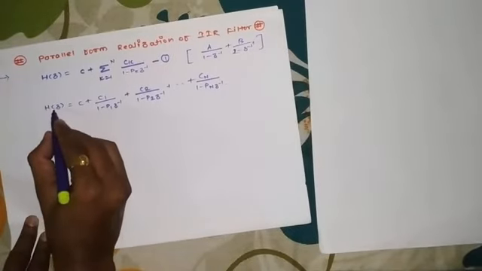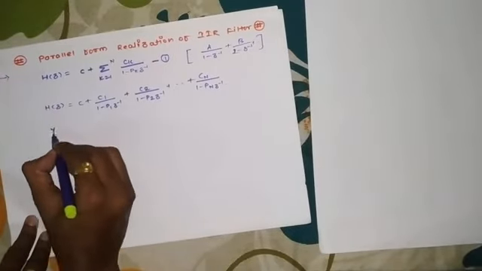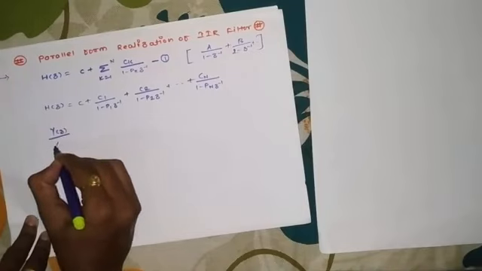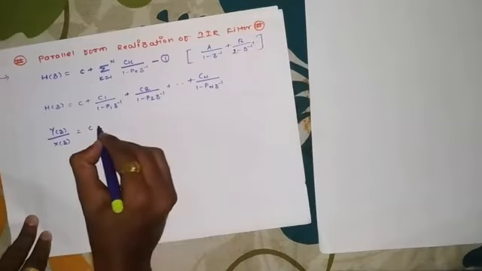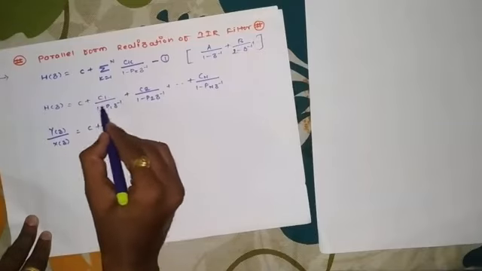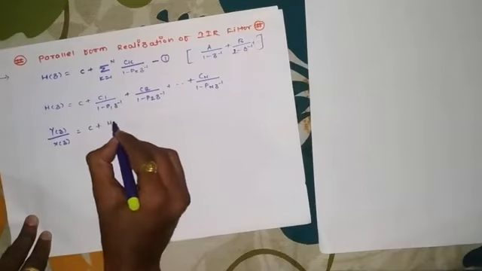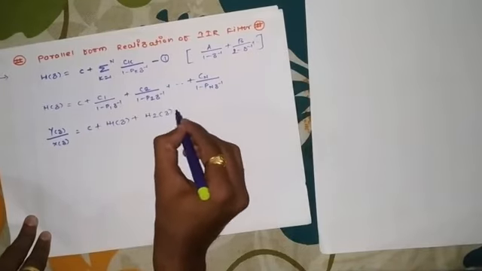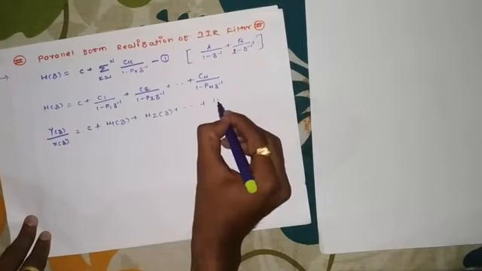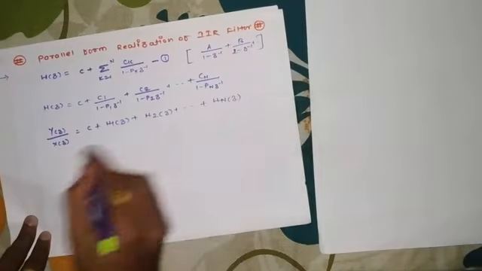And the next step, I will write H(z) as a ratio of output by input, that is Y(z) by X(z). And this term we'll consider as it is, C plus, let this be my first system transfer function, that we will assume H1(z), this is H2(z), and let this be the last one, HN(z).